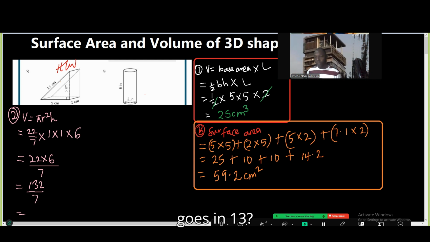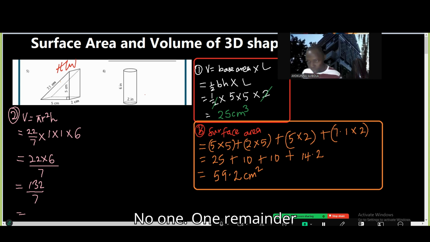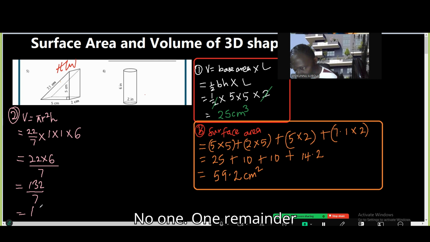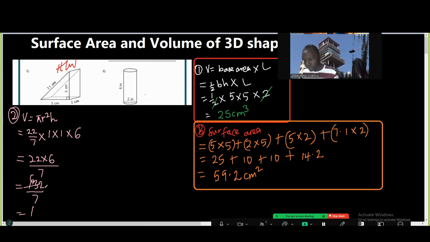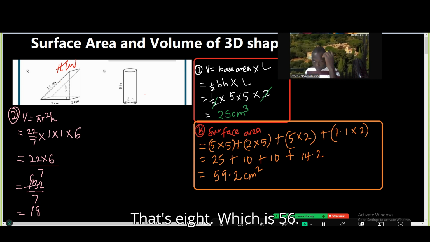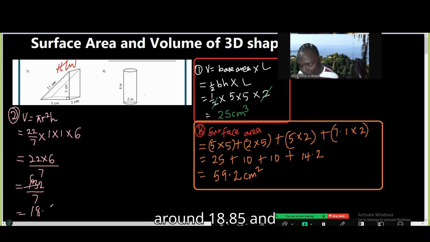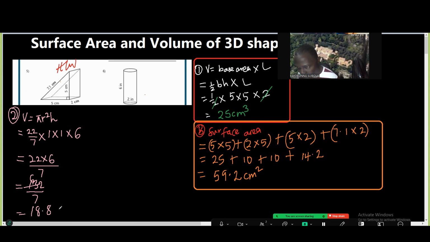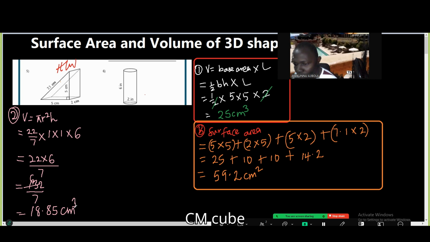How many 7 goes in 13? 1, remainder 6. How many 7 goes in 62? That's 8, which is 56. Whatever remains, then we get something around 18.85 and so on. So we can leave it this way, cm cube.